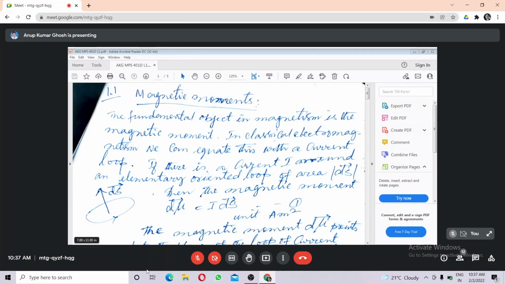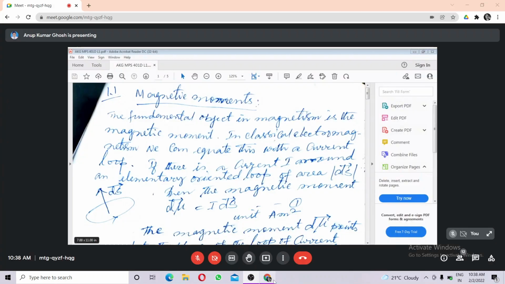But the most important thing for the magnetic property is the magnetic moments. Whatever may be the reason to get the magnetic moment, that part we will discuss later.